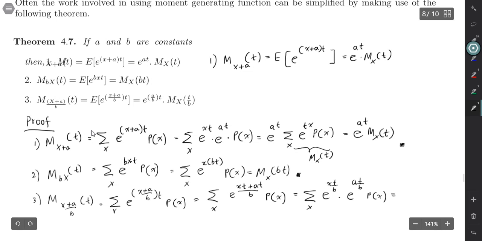Again, e to the at over b is independent of x, so it's outside the summation. You can write the sum of e to the xt over b, p(x).